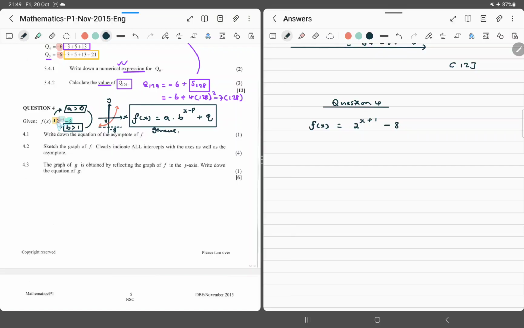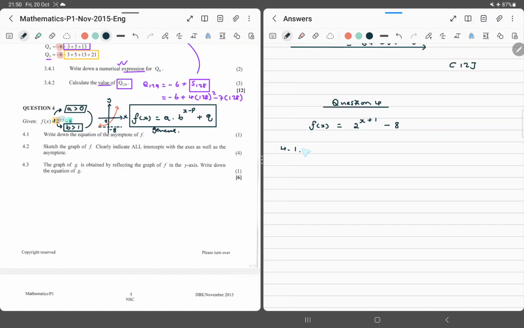For the y-intercept, x is 0, so this is 2 to the exponent 1, which is 2. 2 minus 8 is minus 6. So that region is correct. So this sketch is perfect for our exponential function. So please, guys, be able to analyze these things, learn the characteristics of each function so that you can cruise.